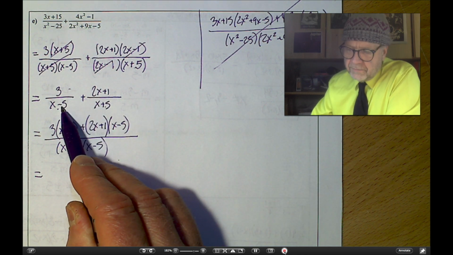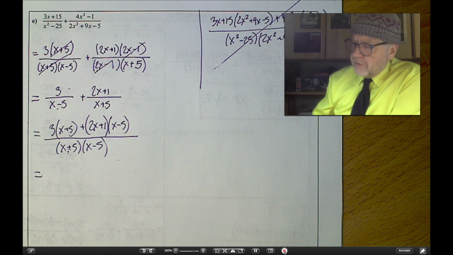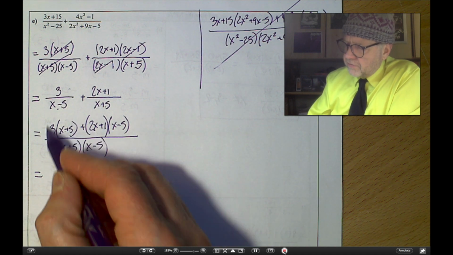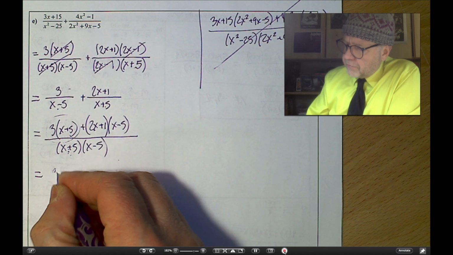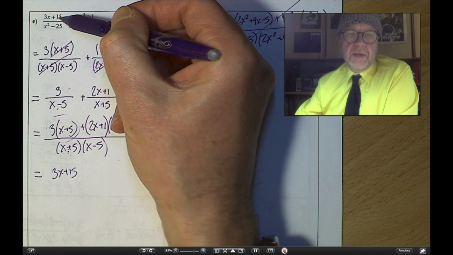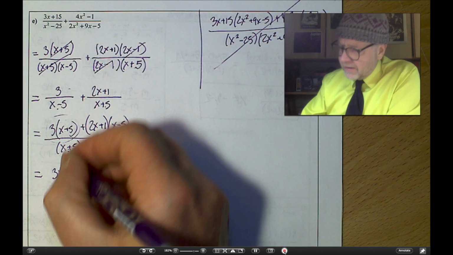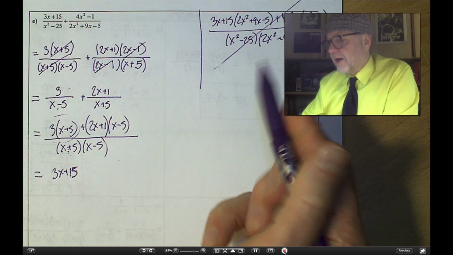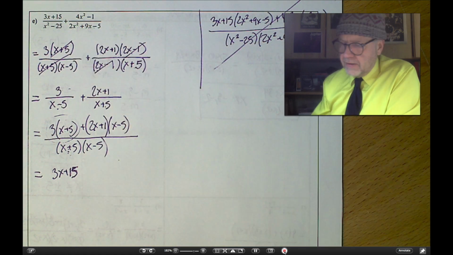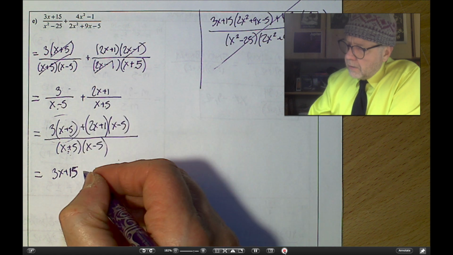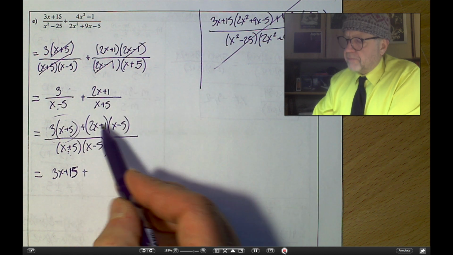All right, let's continue here. Let's do some expansion on the top. I expand that and get 3x plus 15. Hey, remember, I had 3x plus 15 way back there, and now I'm getting it back. You might ask why I went through all that bother. Because it allowed you to do the dividing out up here. So 3x plus 15 on the top, plus, and then I do this binomial expansion.